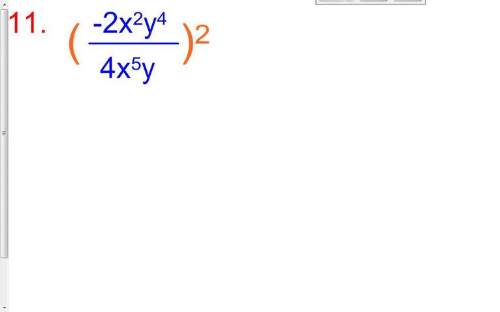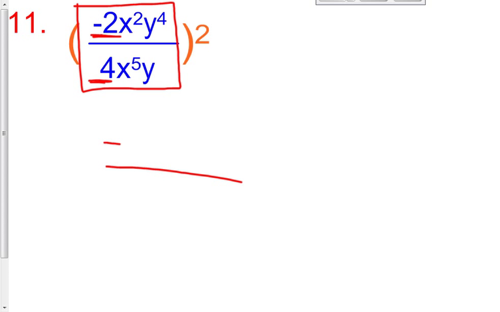So let's just worry about this section right here. We have a quotient, a negative 2 divided by a positive 4 is a negative 1/2. And then we have our common bases of our x term, x squared and x to the 5th. As you can see, there's more x's in the denominator. So when there's more x's in the denominator, that's where my x's are going to stay after I subtract.